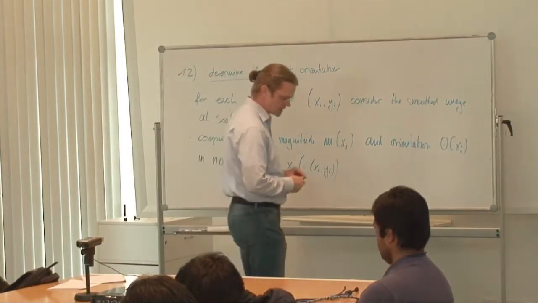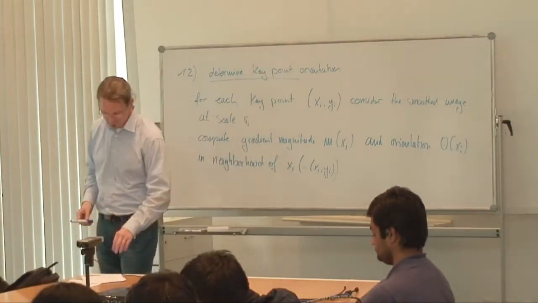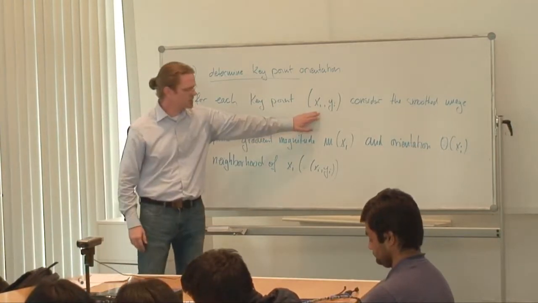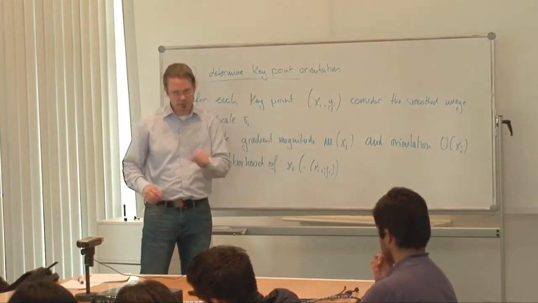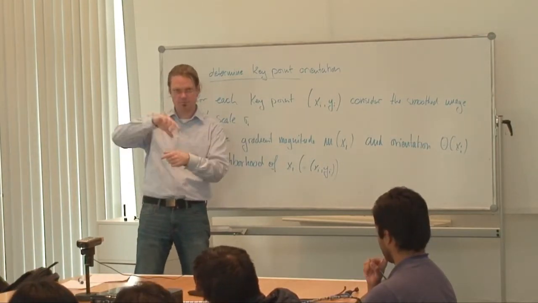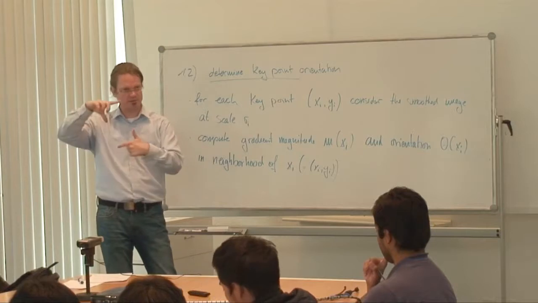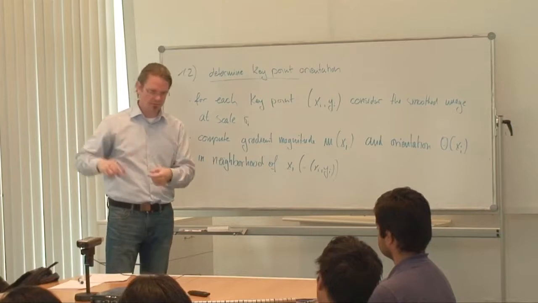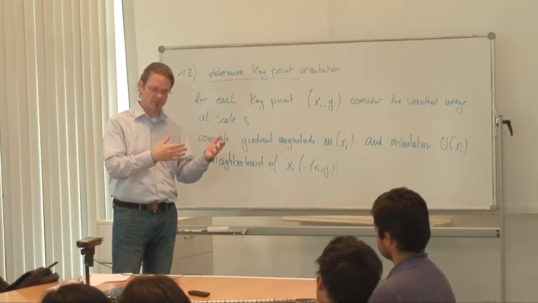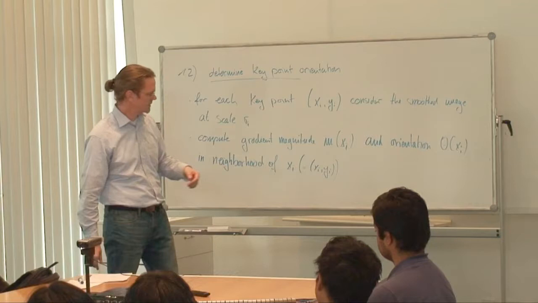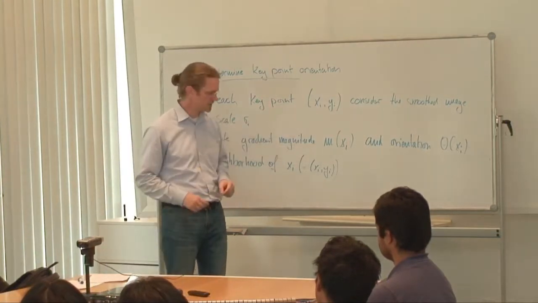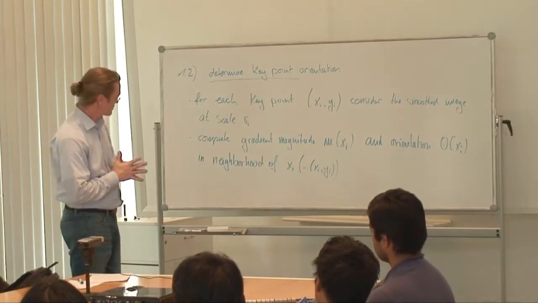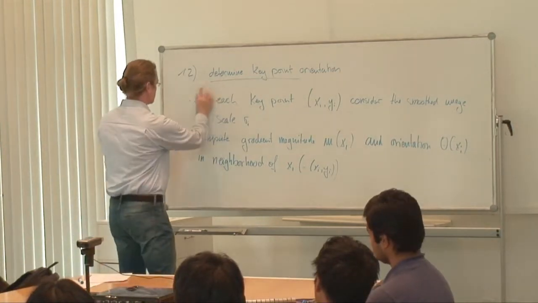In a neighborhood, that means not only do we need the magnitude and orientation for this particular pixel, but for a couple of pixels, say a 16 by 16 neighborhood of pixels surrounding that one. In this 16 by 16 neighborhood, we have to compute the x derivative and y derivative. From the x and y derivative, we can compute the magnitude, length of the gradient, and the orientation of the gradient. And we store all that in a histogram.